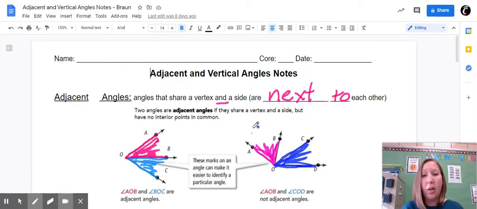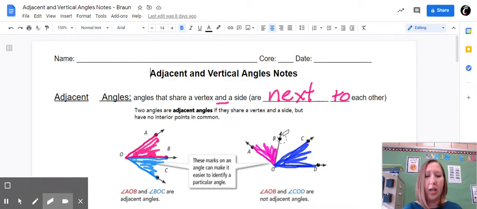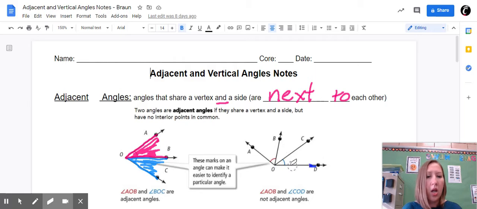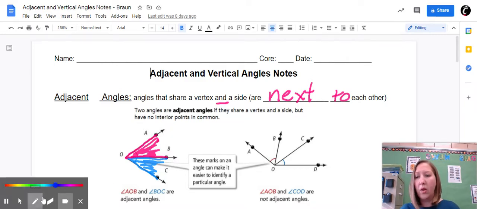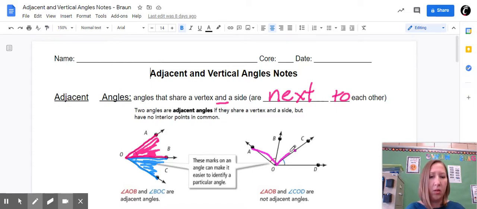Now, another thing that we had mentioned is that they can't share any interior points. So I'm going to erase this for a second and show you what I mean by that. If we're talking about interior points, that would be, for example, if I looked at angle AOC. I'm looking at this angle here, so I would shade all of this because that's the angle I'm looking at.